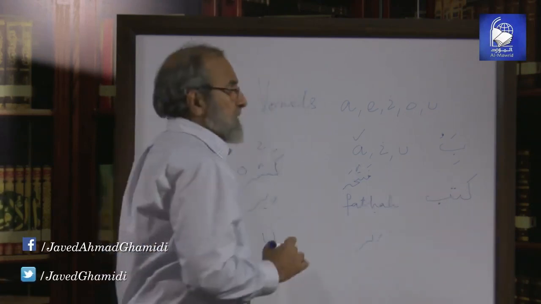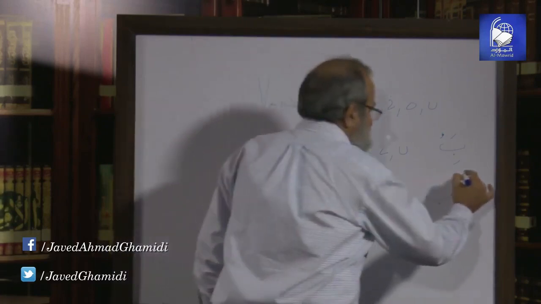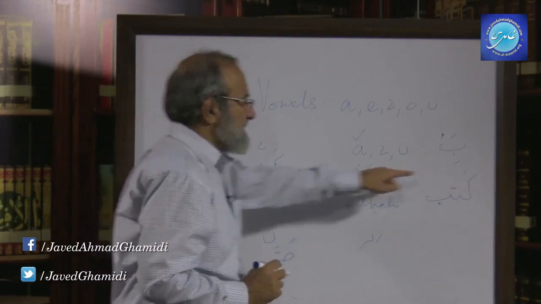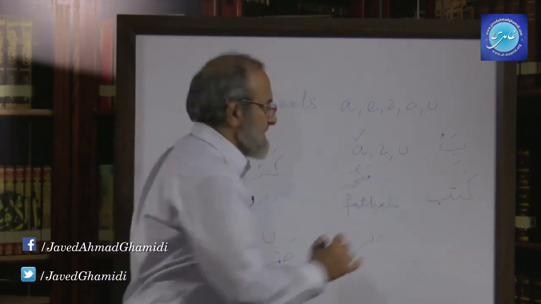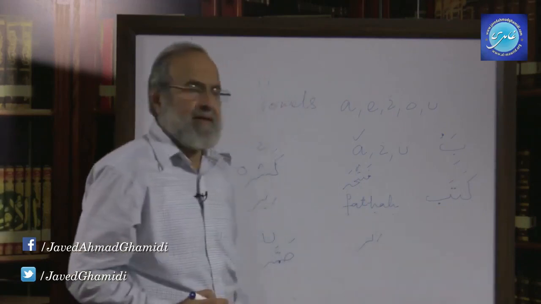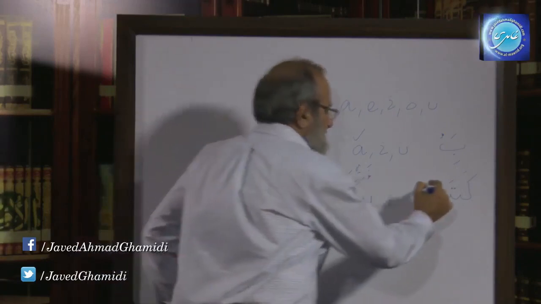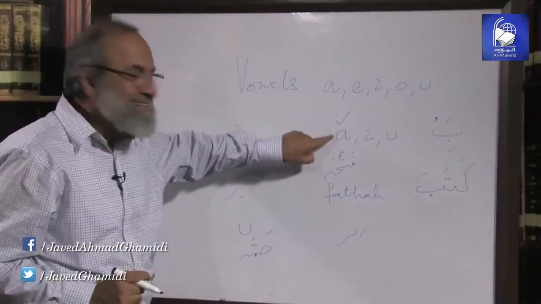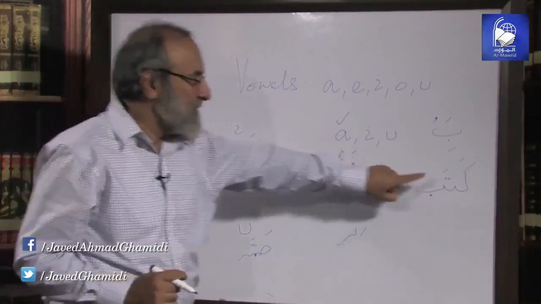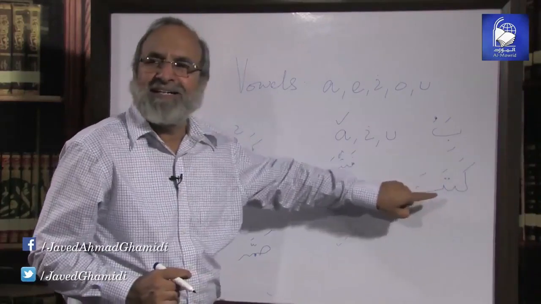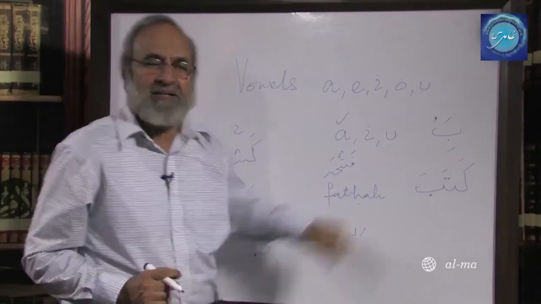But if I was to tell you that the vowels are fatha on ka, a fatha on ta, and a fatha on ba. Now, fatha, mind you, is A. So, ka, ta, ba. It is kataba.